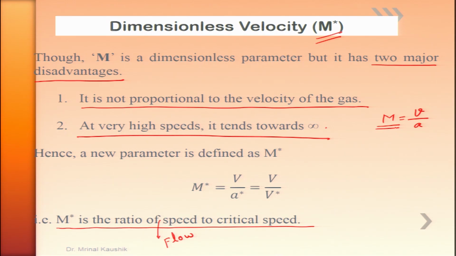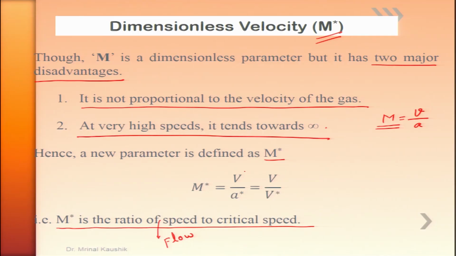Therefore, this non-dimensional number becomes unbounded. To alleviate this problem, we define another non-dimensional speed, M star, defined as the speed of the object divided by the speed of sound under sonic condition.